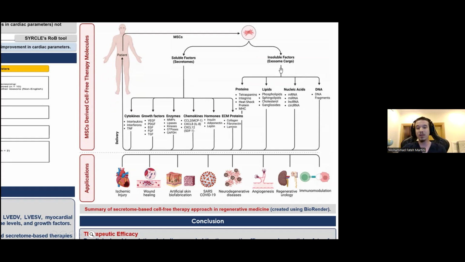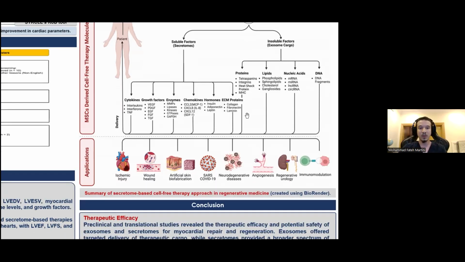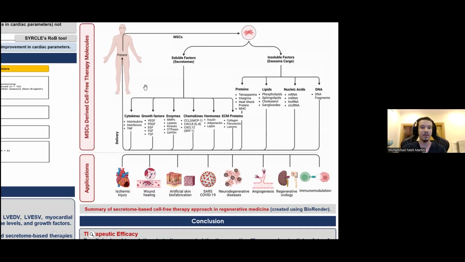On the other side, we can see the exosomes. They are cargo molecules; for example, they contain mRNAs, miRNAs, and DNA fragments, and could also be loaded with other drugs from outside. So you can see all these soluble and insoluble components in this figure.